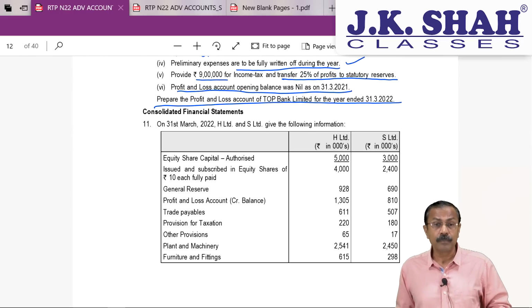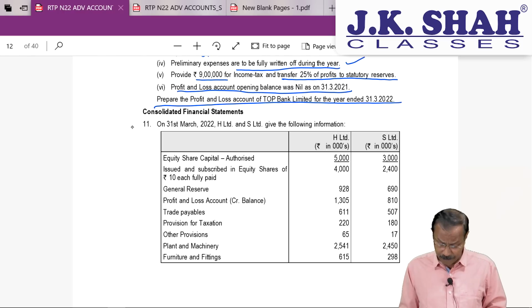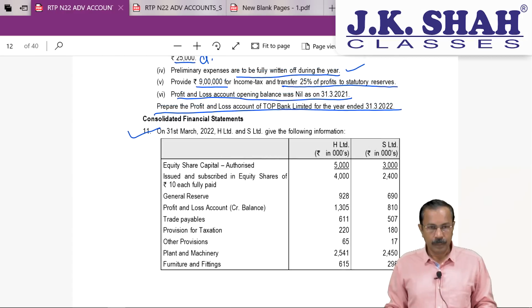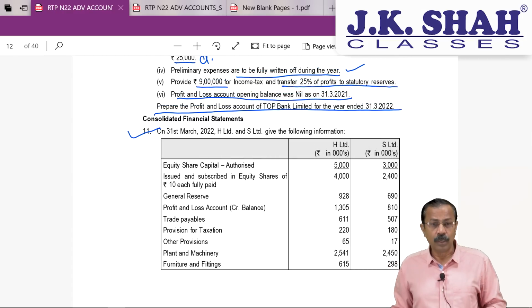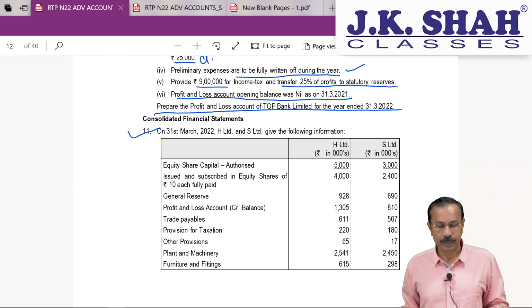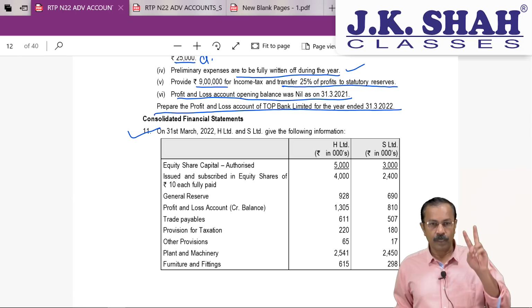Last, consolidated financial statement. Okay. Consolidated Financial Statements, CFS, wherein there are two companies, holding and subsidiary.